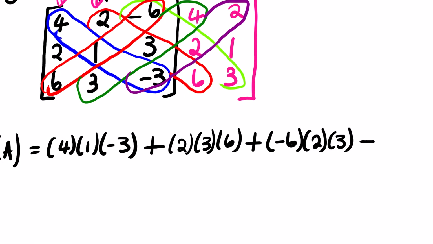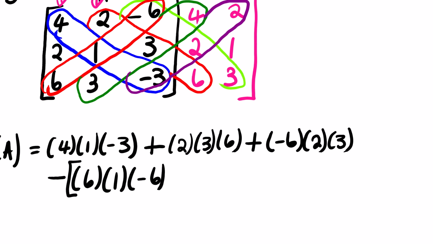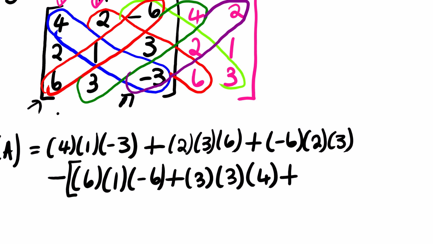Now let me just continue from here. So it's negative 6 multiplied by 1 multiplied by -6 plus 3 multiplied by 3 multiplied by 4 plus the last diagonal. This is the first, second, and the last one. The last one we have negative 3, 2, and 2. Let us simplify.